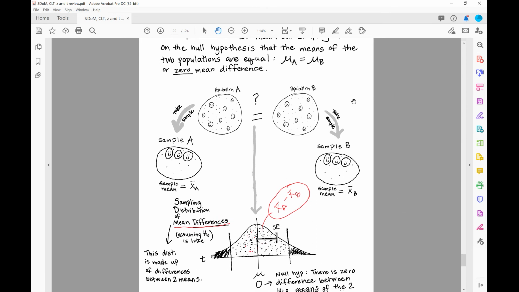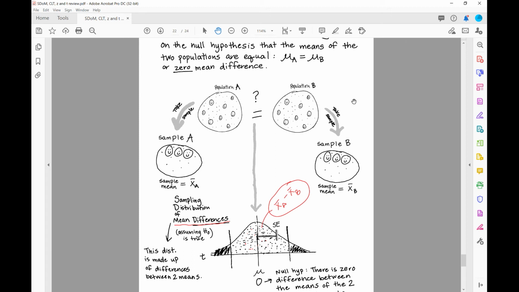We model this distribution based on the null hypothesis that really these two groups are equal. They're not different. The mean for population A is going to be the same as the mean for population B. Nothing interesting is going on. Or in other words, there is zero mean difference.